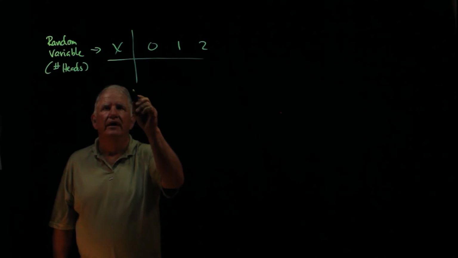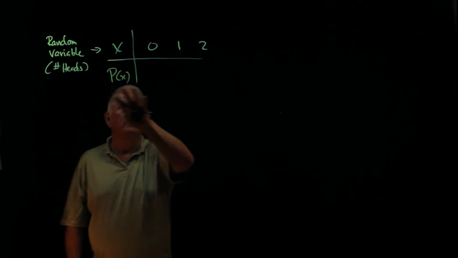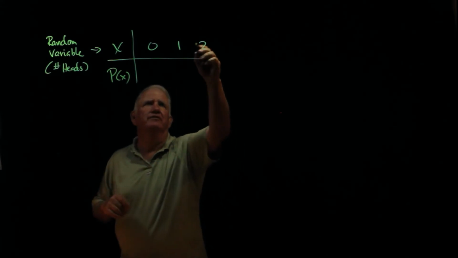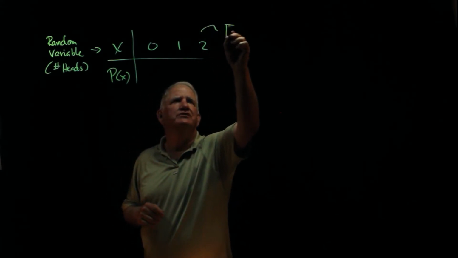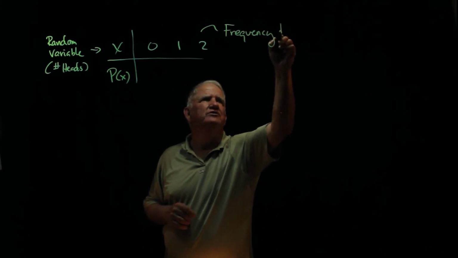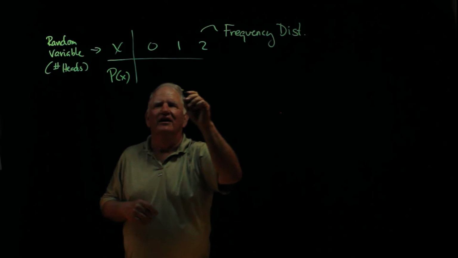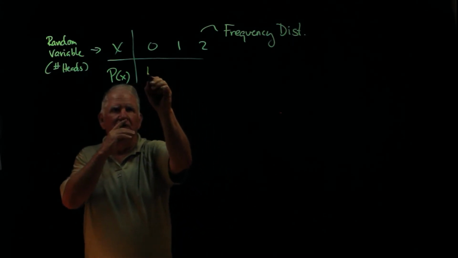coin heads. So what we can do in this distribution, we called it a frequency distribution table, really. What we're doing is assigning probabilities.